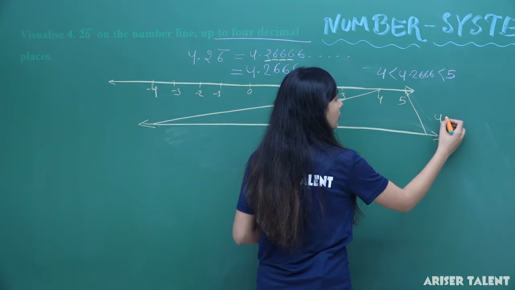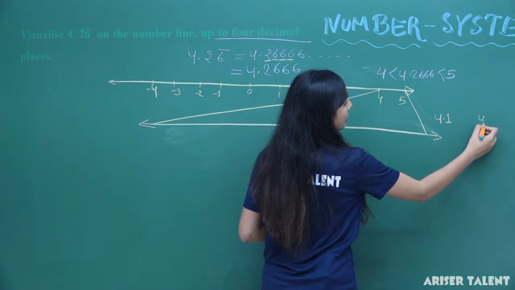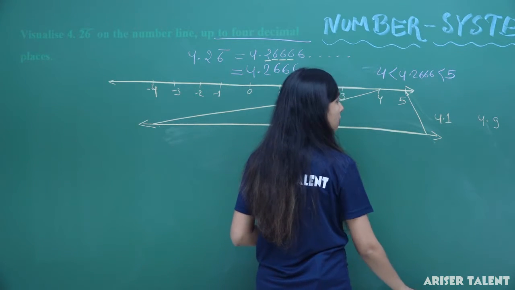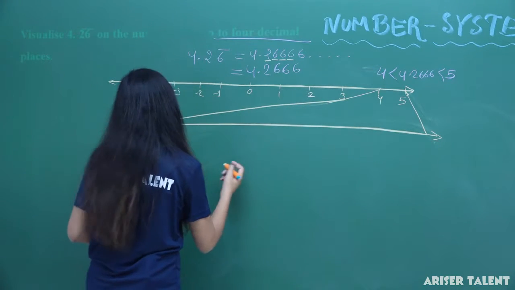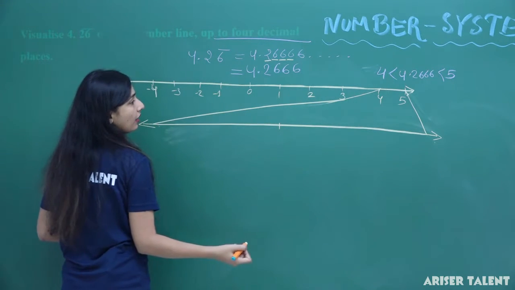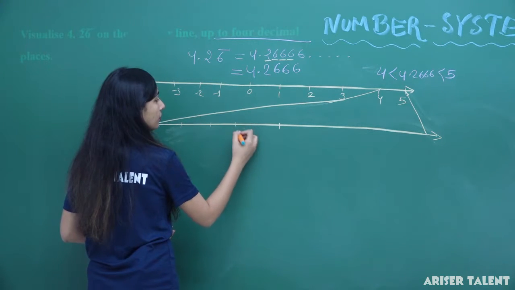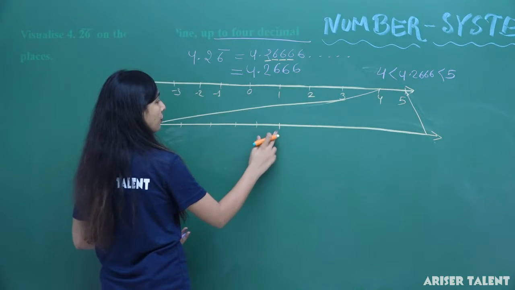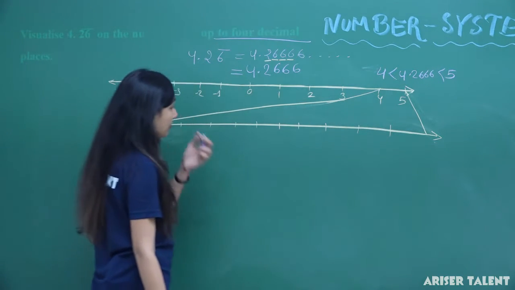Now I'll be starting with 4.1, and 4.9 will be the points. So basically it will be going to some half here. Okay, so 1, 2, 3, 4, 5, 1, 2, 3, 4, 5, 6, 7, 8, 9 and 10.